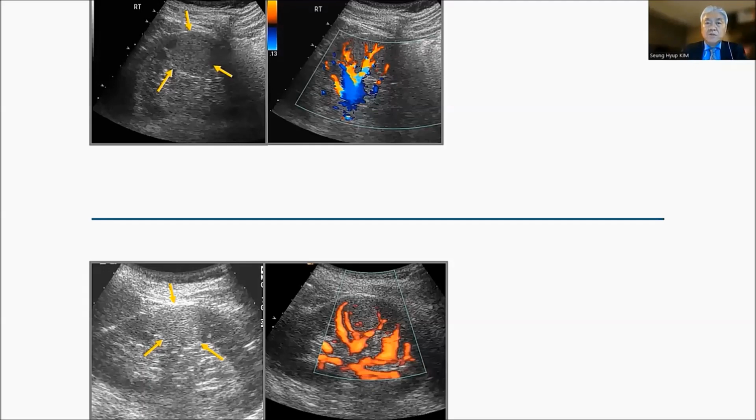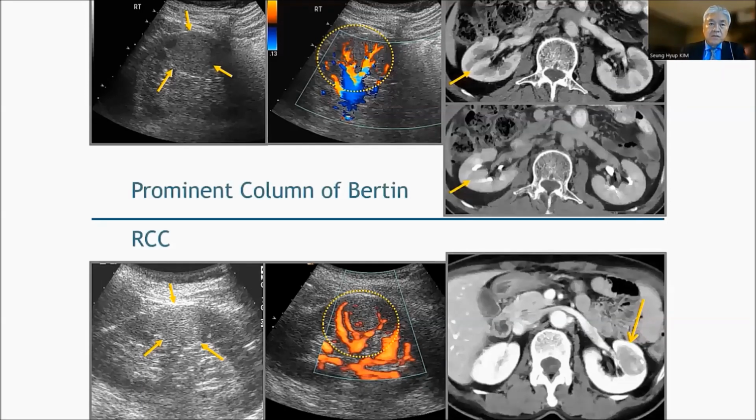The upper lesion is probably a pseudomass, prominent column of Bertin, because vessels run through the lesion without any mass effect. But in the lower lesion, vessels are deviated around the lesion, indicating true mass, renal cell carcinoma. If this differentiation is difficult with Doppler ultrasound, CT scan is needed.